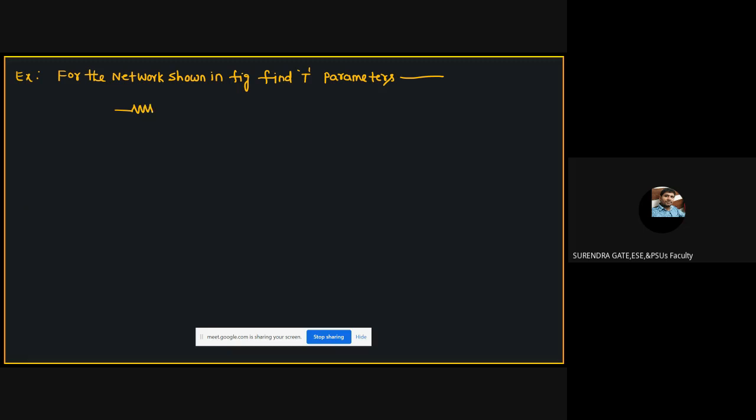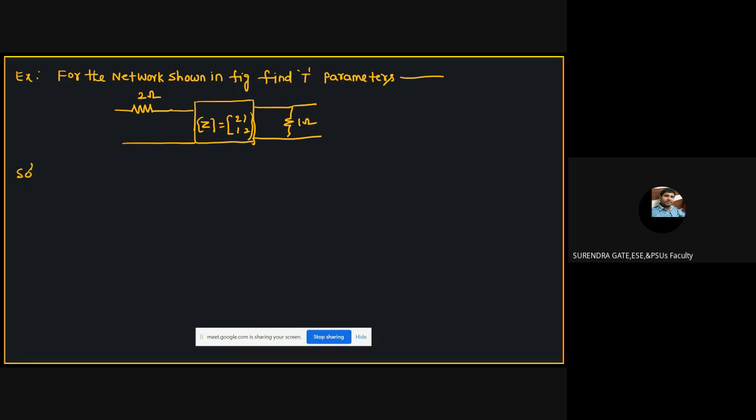This is the 2 ohms. The Z parameter network is given: 2, 1, 1, 2. And this is 1 ohm. For this case, find the T parameters.